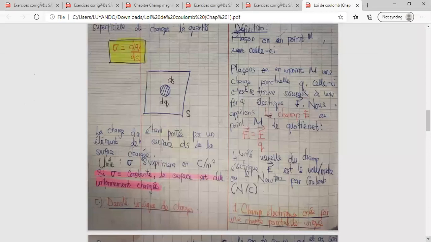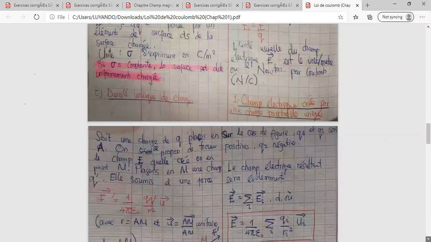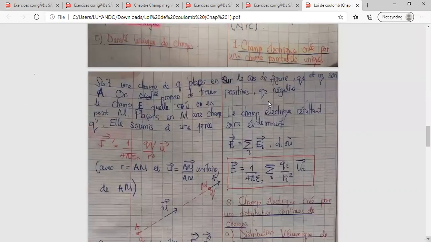Let's cast the figure: Q1 and Q3 are positively charged and Q2 is negatively charged, which brings me back to this.